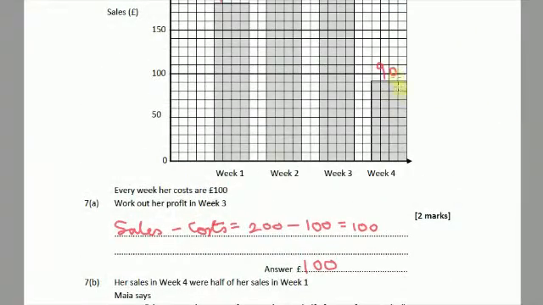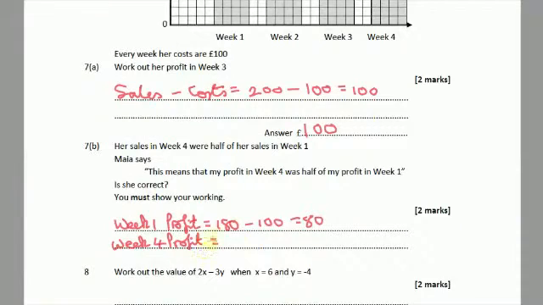Yep, 90. Minus her costs of 100. And so 90 minus 100 actually is minus 10, which means that she actually loses money in week 4. And 80 is not double minus 10. Minus 10 is not a half of 80, so she is wrong. Maria is wrong.